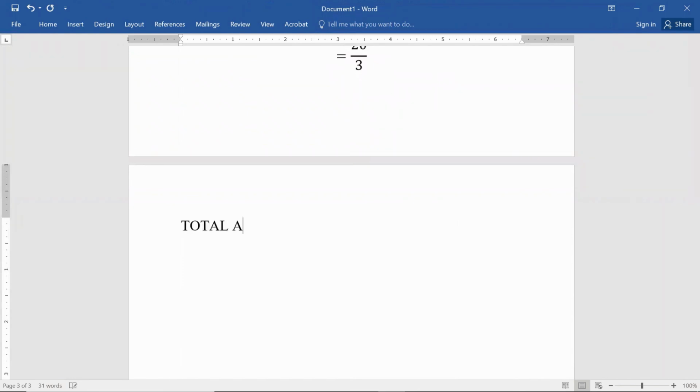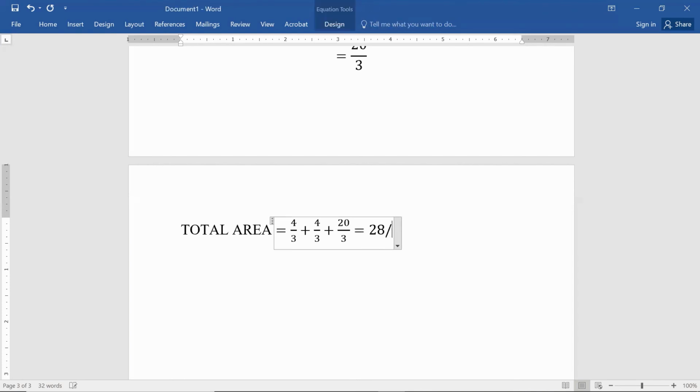That means the total area is what I get when I take 4/3 and add another 4/3 and add a 20/3. 4 plus 4 plus 20 is 28. 28/3 is one way I can write the area.